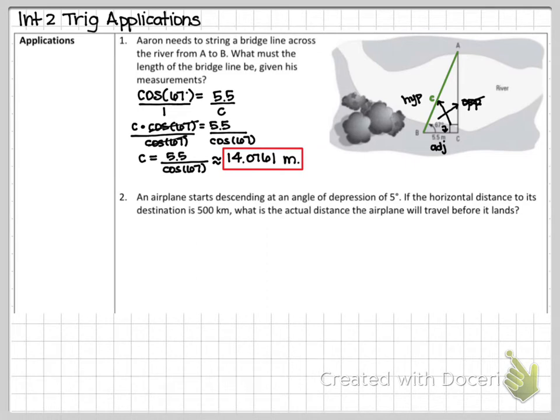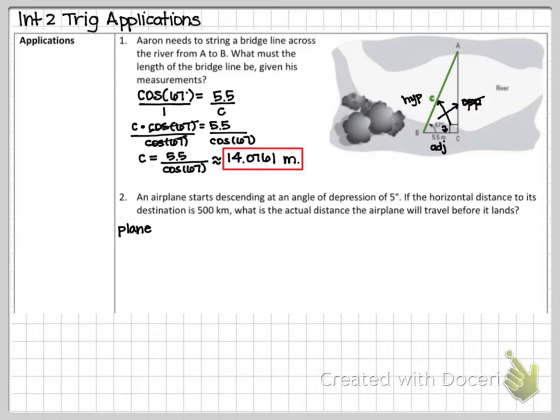All right, so we have an airplane that is descending at an angle of depression. I'm going to start drawing my picture. So I've got my plane, and I'm not going to draw the picture of a plane since art is not my strong suit.